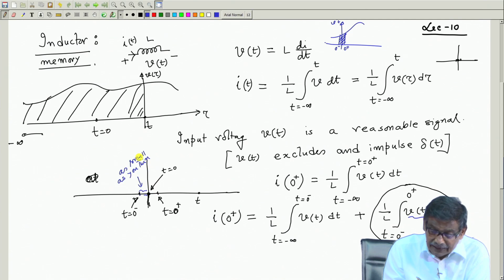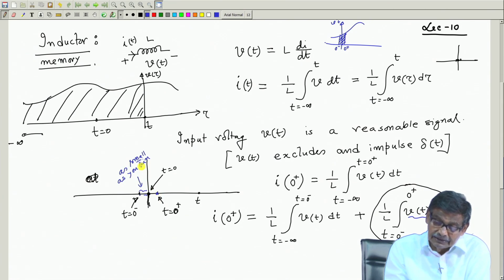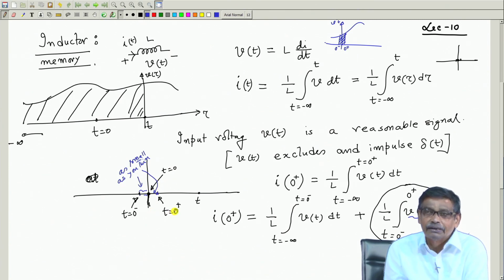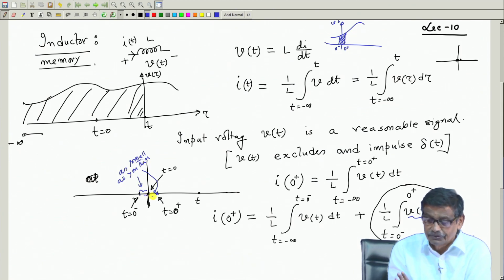Similarly, these intervals are as small as possible. But it has this distinction: it is not t equal to 0, that is what I am trying to tell. So, 0 plus is a number which is practically 0 for all practical purposes, but it is to the right of t equal to 0.